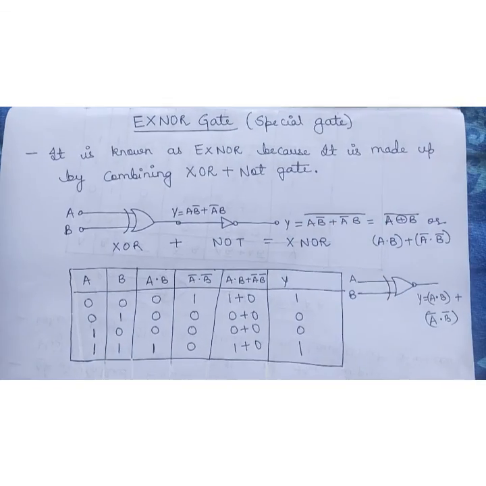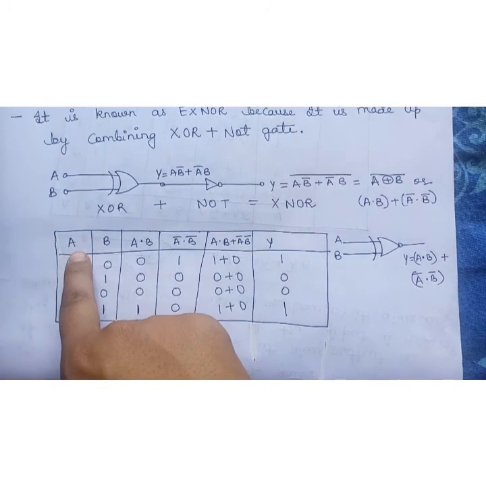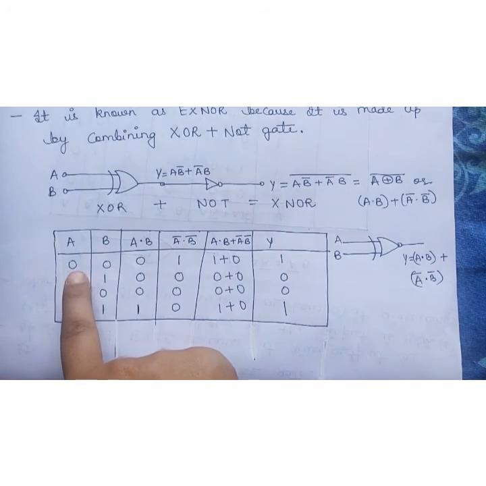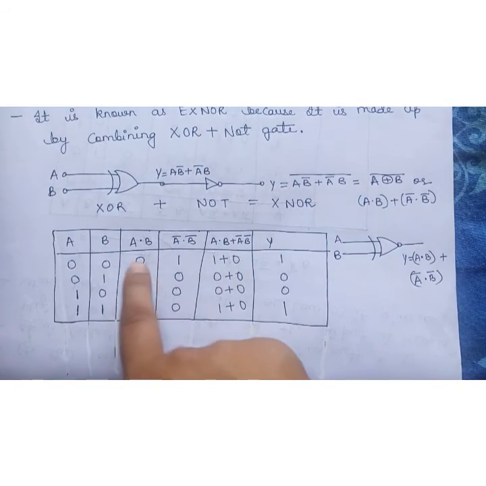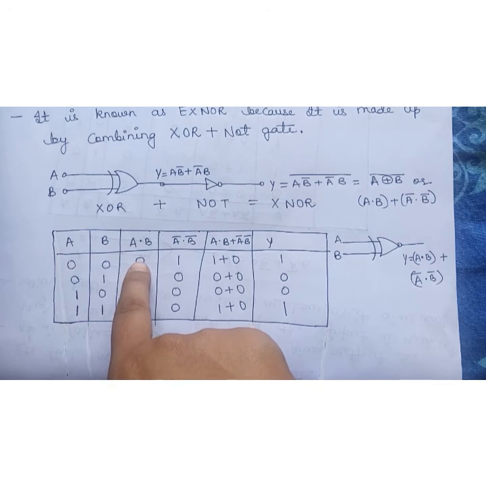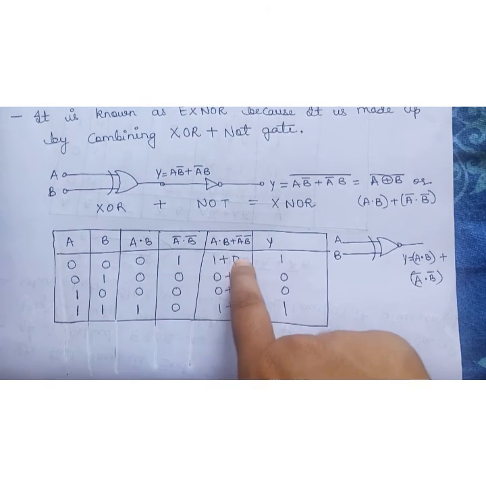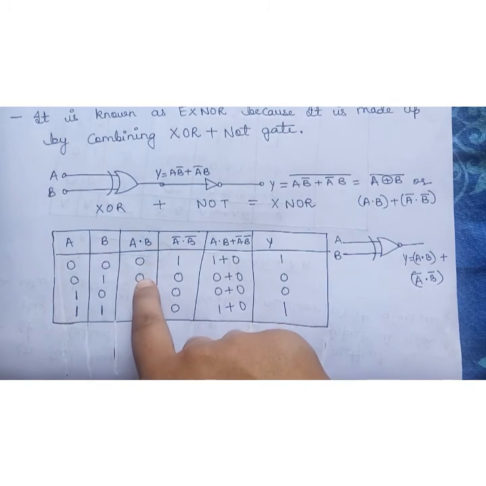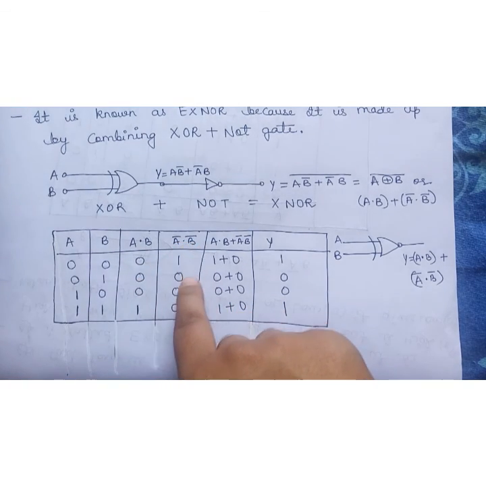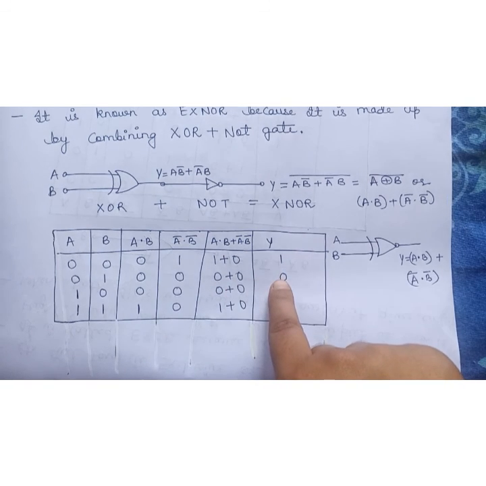Through the truth table, let's understand its operation. First, we have taken inputs as A and B. If we take inputs as 0 and 0, the output will be 1, because A into B is 0 and A bar into B bar is 1. So 1 + 0 is 1. Next, if we take inputs as 0 and 1, then A into B will be 0, A bar into B bar will be 0, so the output will be 0 + 0, that is 0.